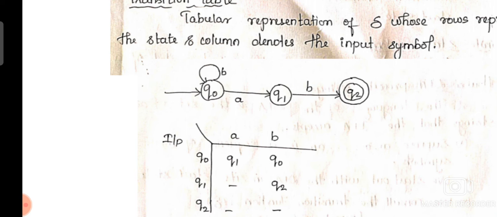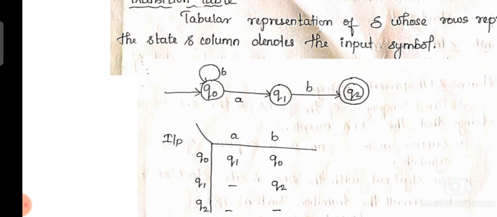In the table we have to list out the original states q0, q1, q2. Inside the cells we have to represent like this: A, B. For q0, while applying A to q0 we are getting q1, while applying B to q0 we are getting q0, the same state.